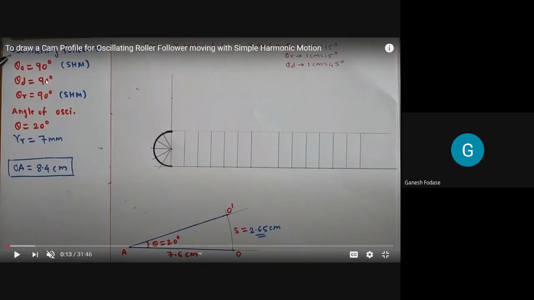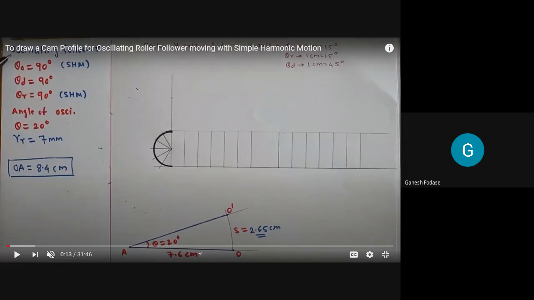In the given data, see the sequence here. Angle of rise, theta O, is 90 degrees, and the motion given for the stroke is SHM. Theta D, the dwell period, is again 90 degrees, and during dwell there is no motion as the follower is stationary.